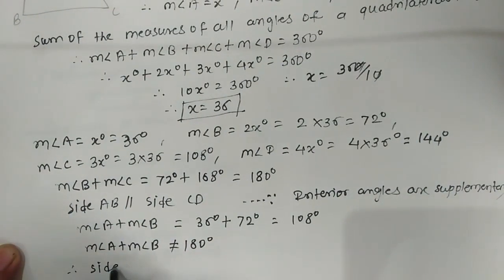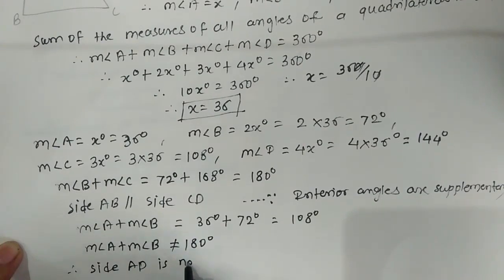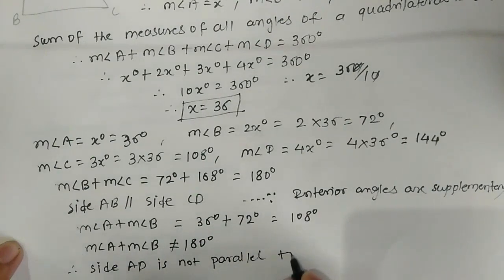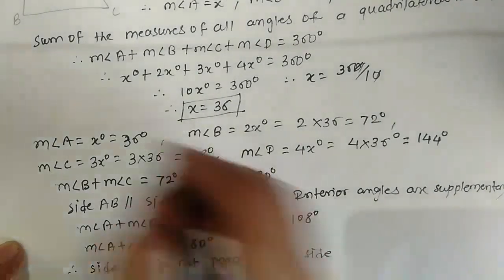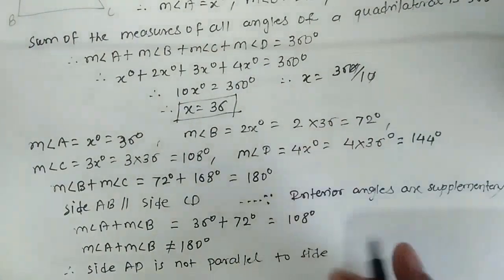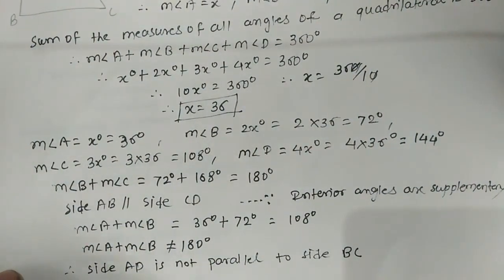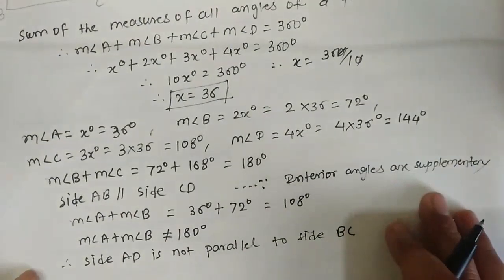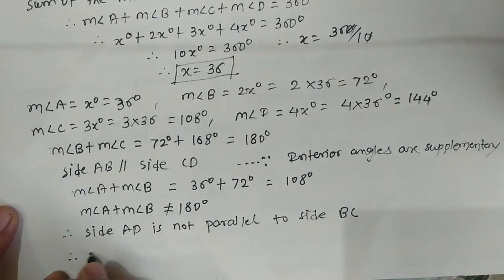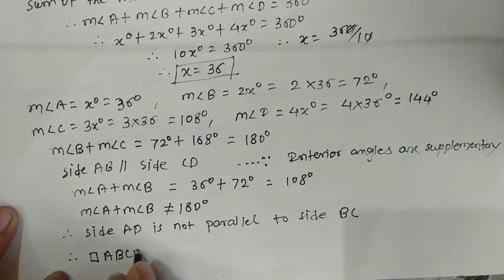Therefore, side AD is not parallel to side BC. So therefore only one pair is parallel, meaning the quadrilateral ABCD is a trapezium.